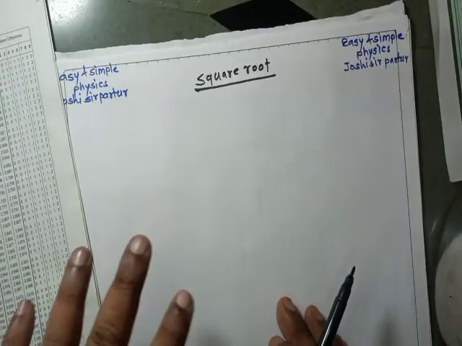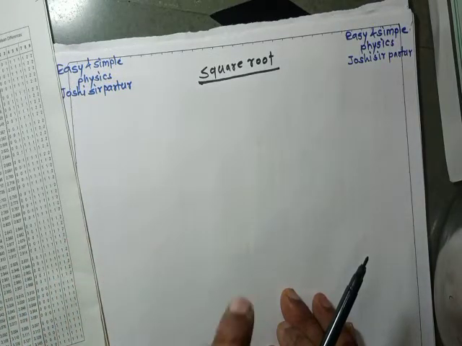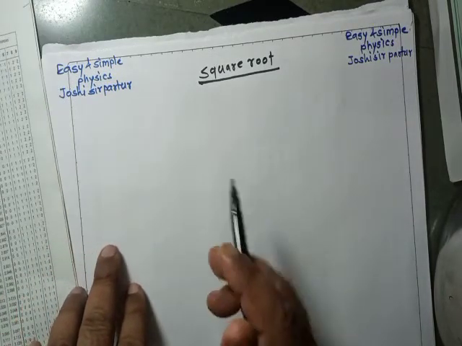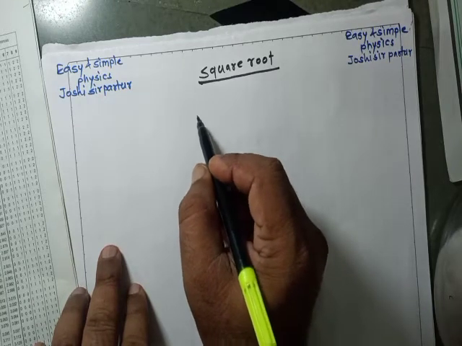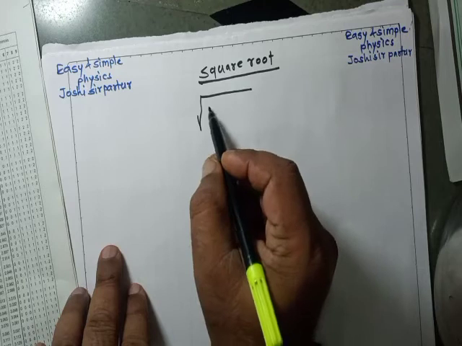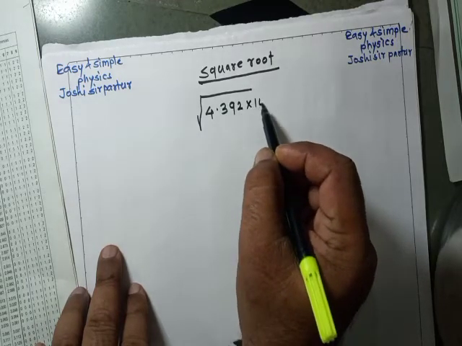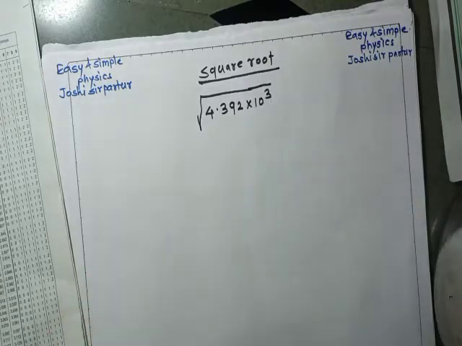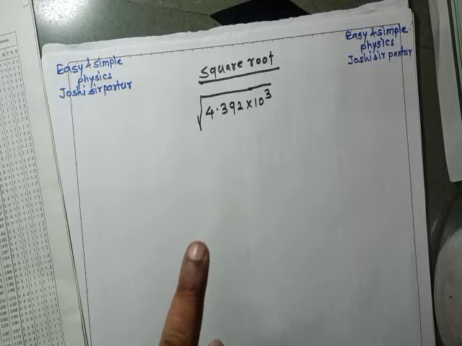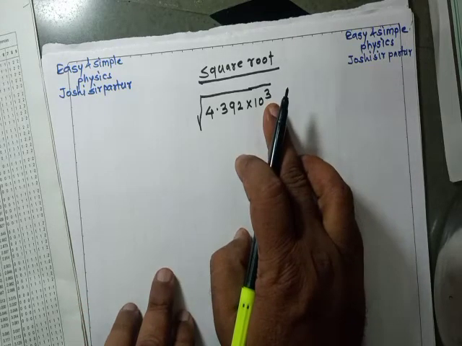So first, for finding the square root, one rule to remember is about the power. Here the number is 4.392 into 10 to the power 3, if the question is like this. So the power of 10 is 3, and this 3 is an odd number.